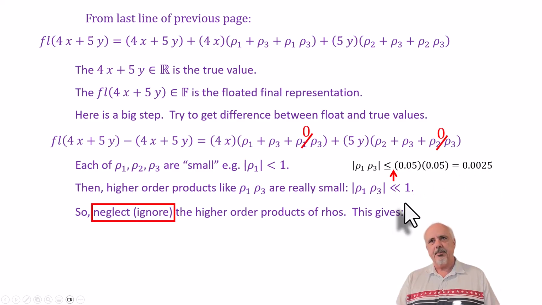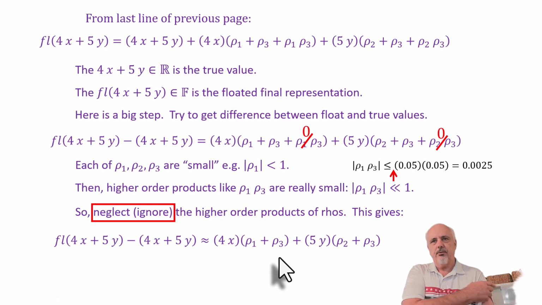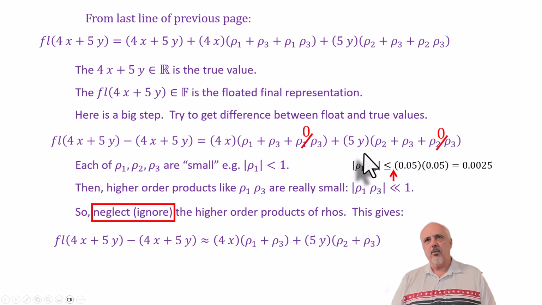So you really just typically ignore those higher order cross product terms between the various rhos. You ignore those, and then it simplifies for you a little bit. And you end up with 4x times quantity rho 1 plus rho 3, and you end up with the 5y times quantity rho 2 plus rho 3.